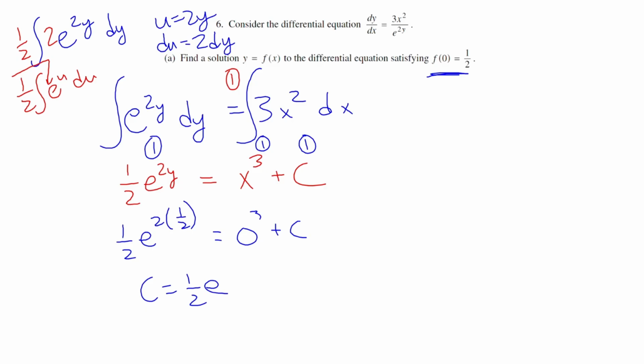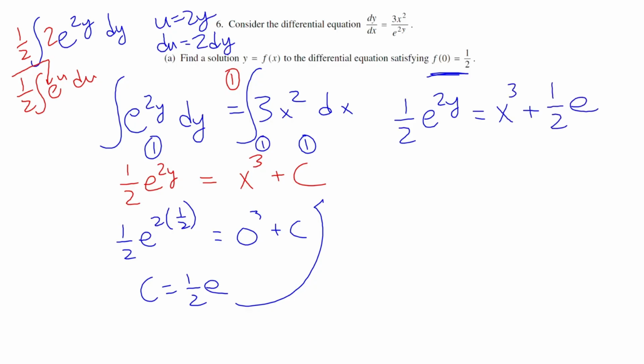Because we have e to the first power there, 1/2 of e is going to be our constant. And so we'll plug that back in here to get 1/2 e to the 2y is equal to x cubed plus 1/2 of e. Now we can, of course, multiply everything by 2 to get e to the 2y is equal to 2x cubed plus e.